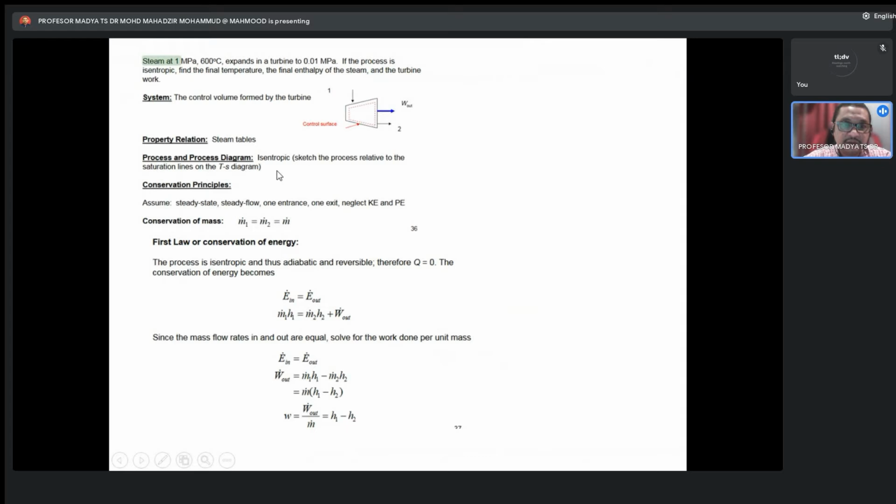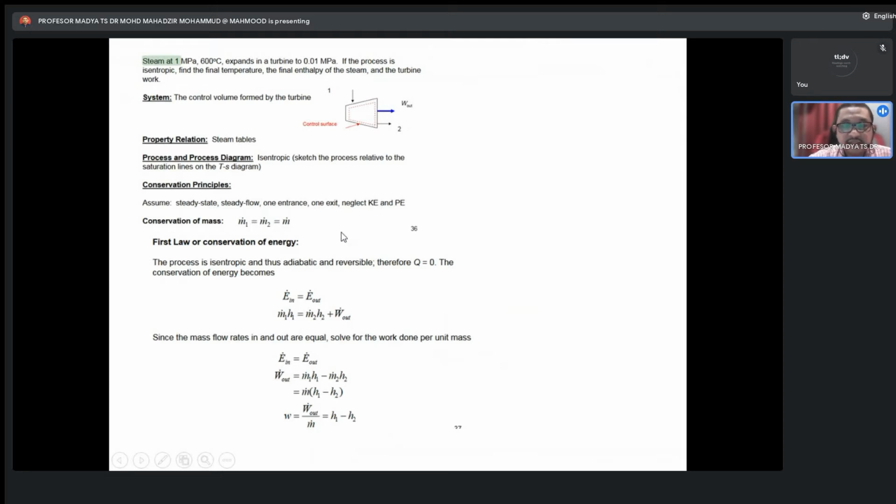The process used here is isentropic. Then the assumptions you can make here are steady state, steady flow, one entrance, one exit, and you neglect kinetic energy and potential energy, because it is not mentioned in the question, and KE and PE are too small compared with the other energies.